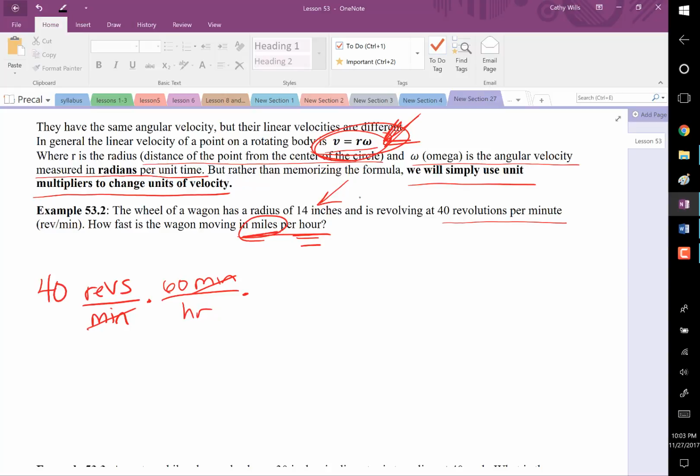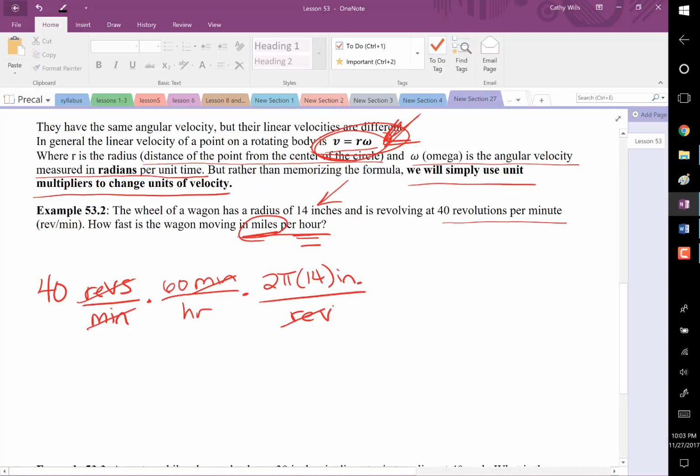So the circumference of the circle, remember, is 2 pi r. So 2 pi times 14 inches per revolution. That's just one circumference per revolution. So 2 pi r inches per revolution.